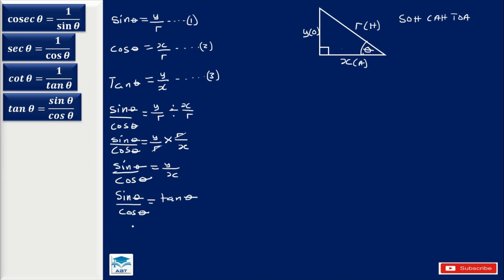And also from cot theta is equal to 1 divided by tan theta, we can get another identity.